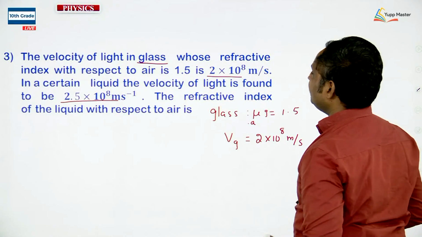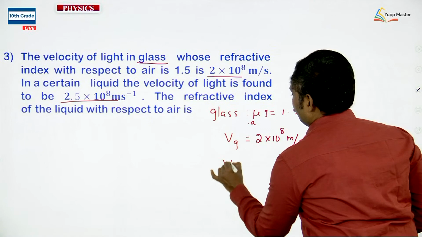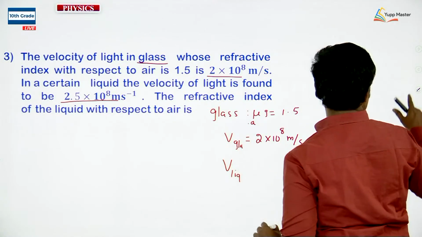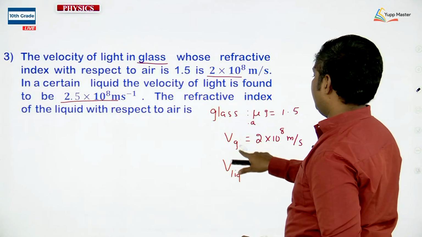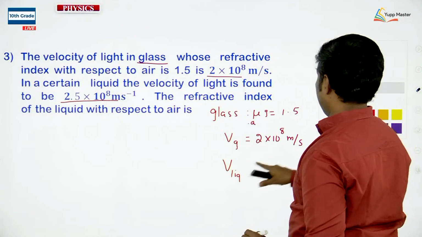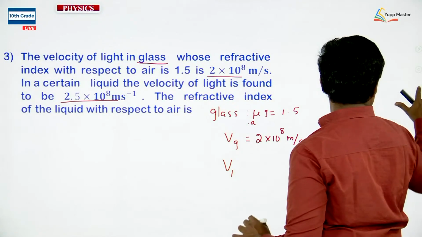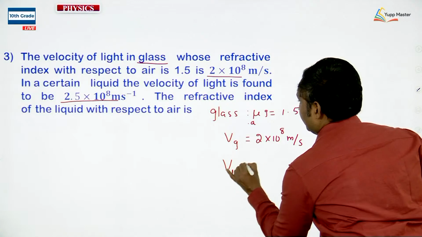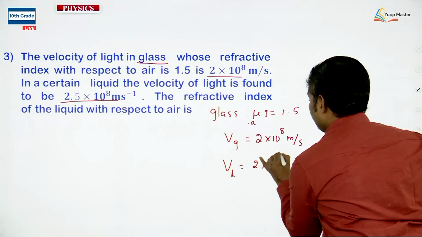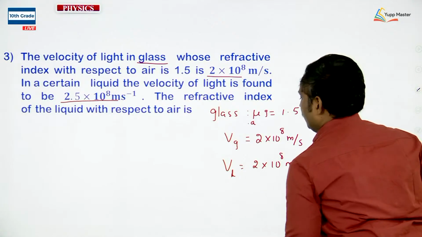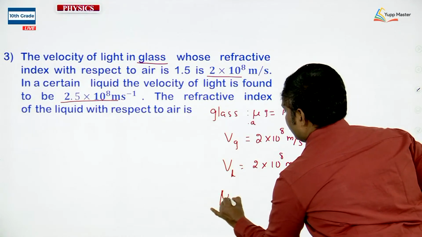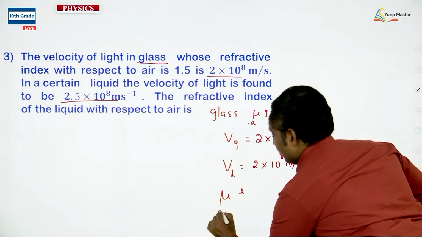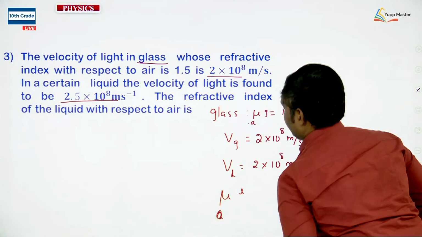Now, they have given V liquid, VL, that is equal to 2.5 into 10 to the power of 8 meter per second. Now you are going to find the refractive index of the liquid with respect to the air.